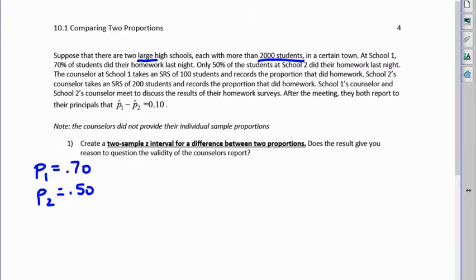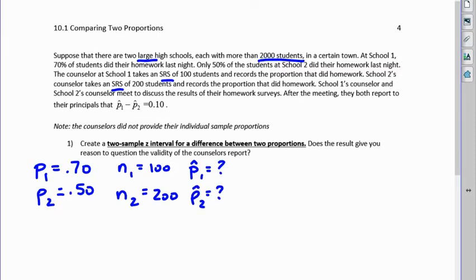The counselor at school 1 takes a simple random sample of 100 students, so we know we have 100 students. They didn't tell us the value they got. But at school 2, they took a simple random sample of 200 students, and they didn't tell us that either.